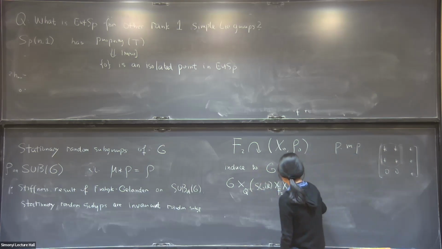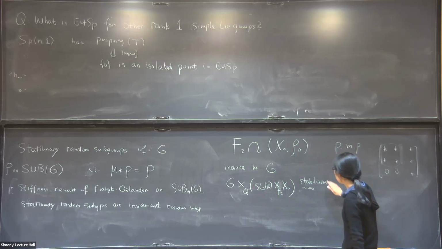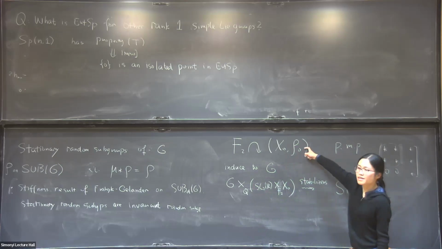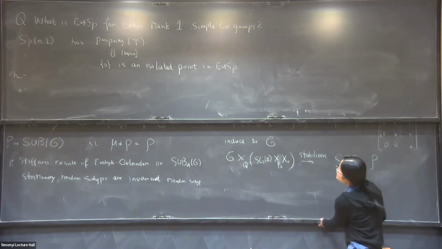This way, the stabilizers of this map give you the stationary random subgroup, which I'm just going to call rho. It's induced from some system of the free group. It makes sense.